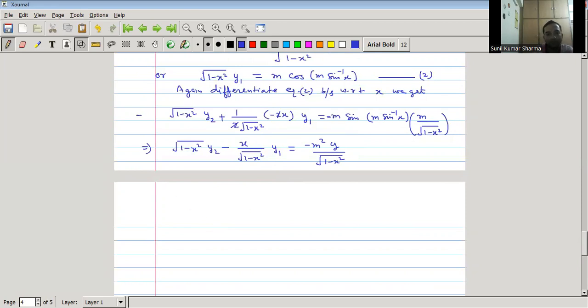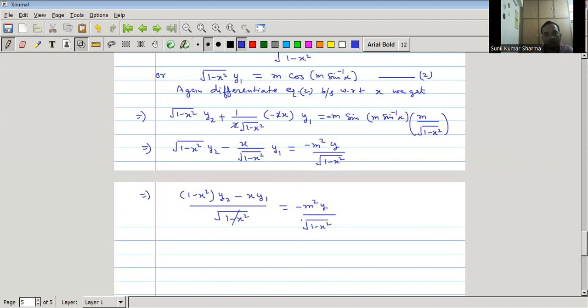So taking under root 1 minus x square as LCM in the left hand side, we get 1 minus x square y2 minus x y1 over under root 1 minus x square equal to minus m square y over under root 1 minus x square.